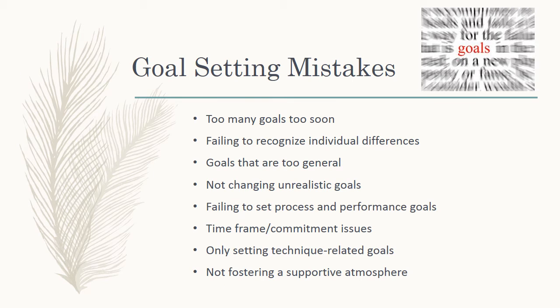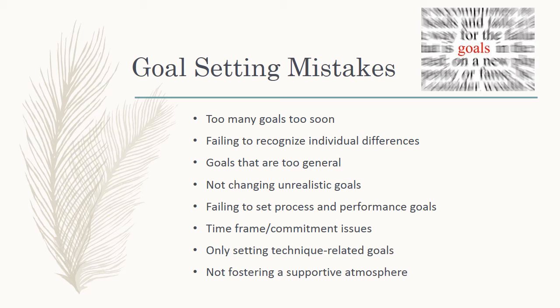There are also various goal-setting mistakes that individuals may make, and therefore not achieve their goal. If there are too many goals set too soon, there's likely to be failure. It's also important to recognize individual differences. If we have a team of 25 soccer players, not everyone should have the same exact type of goal or timeline or task.